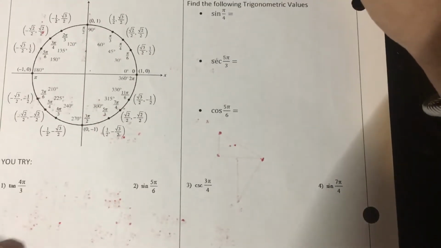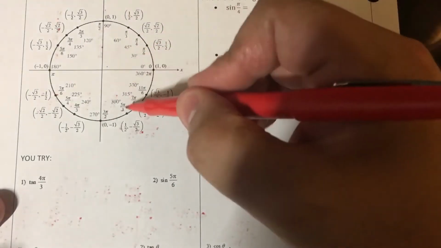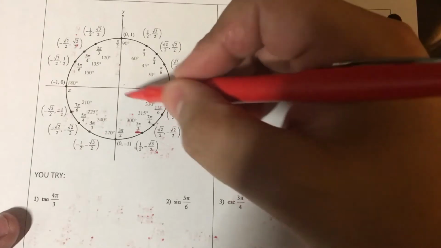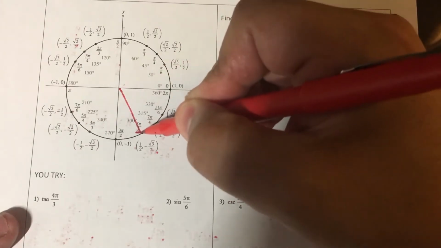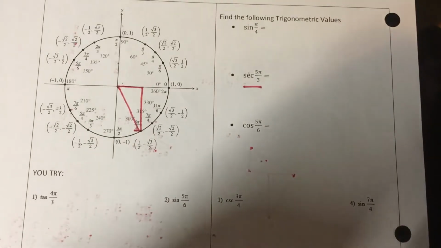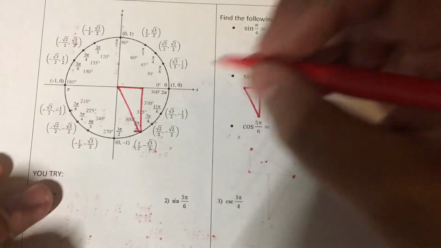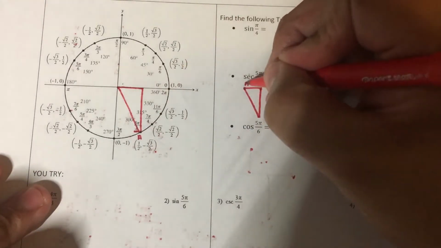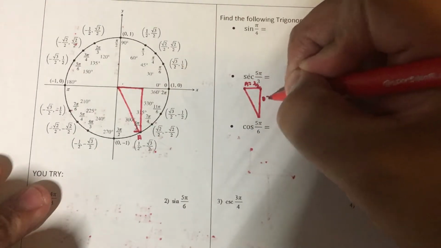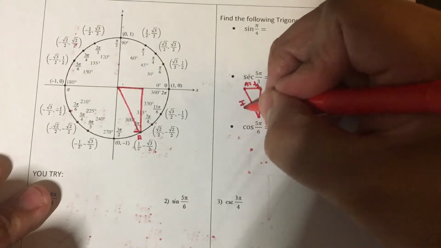Okay, so similar process over here. I won't go through all of these. Let's just do this one. So 5 pi over 3. I'm going to look for it here, and I do see that 5 pi over 3 is right here. Okay? So this is my triangle, this one right here. I see that the A is equal to 1/2, the O is equal to negative square root of 3 over 2, and the H is equal to 1.